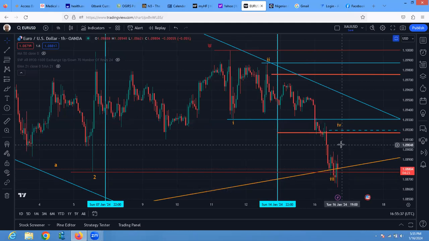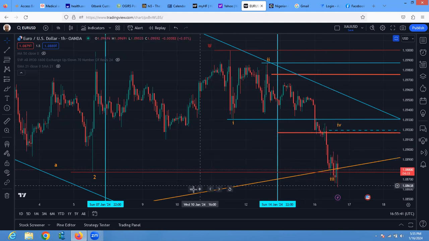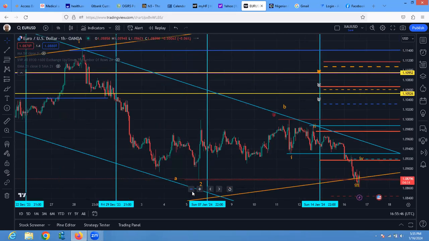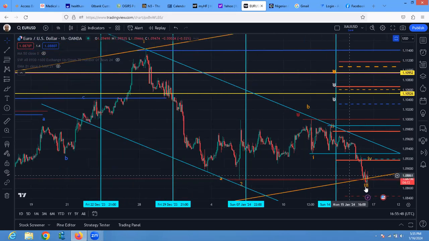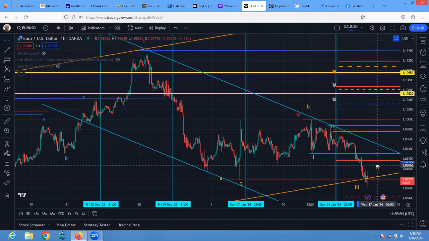You should expect nesting in this wave 3. This is the 1 hour time frame, we should expect nesting for price, so don't think that because I put 3 here, we have not even done 3, talk less of wave 4.